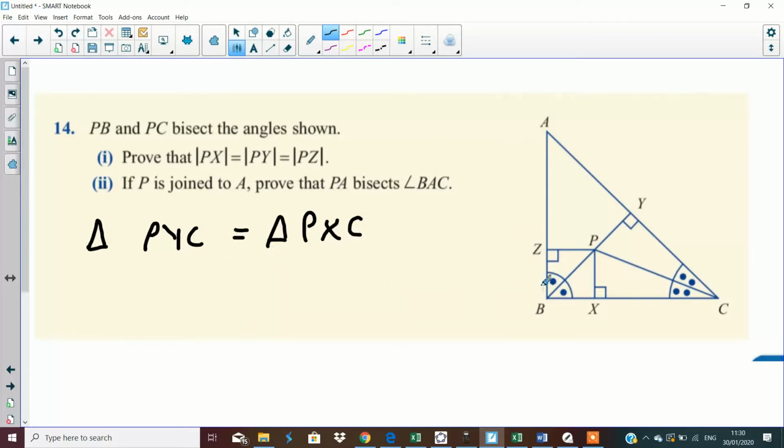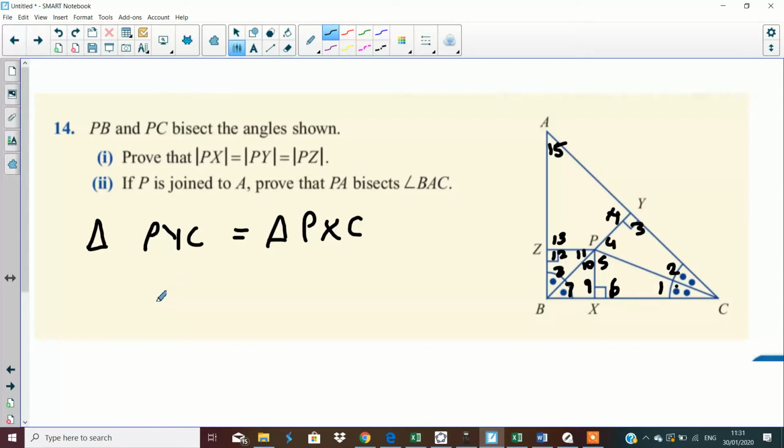Now, first thing, we'll need to label some angles, aren't we? 1, 2, 3, 4, 5, 6, 7, 8, 9, 10, 11, 12, 13, 14, 15. We good so far? Okay. Now, what's the first thing I'm going to say?